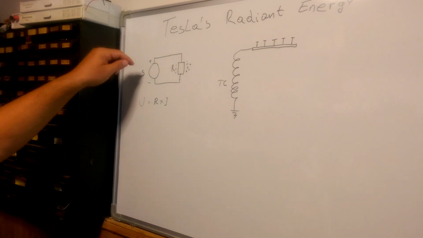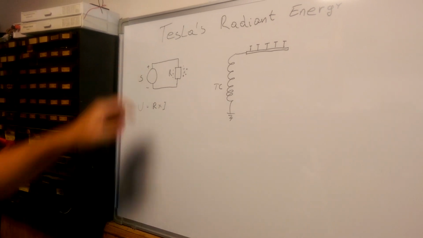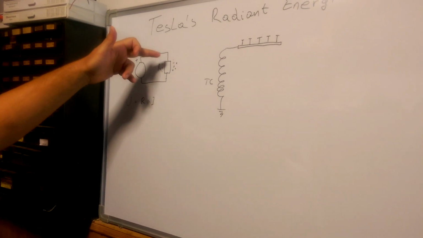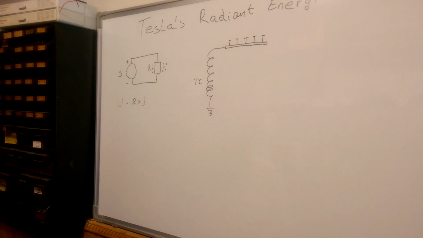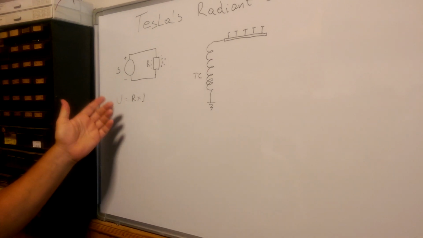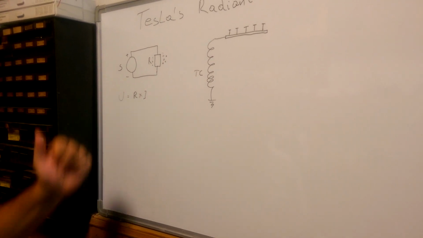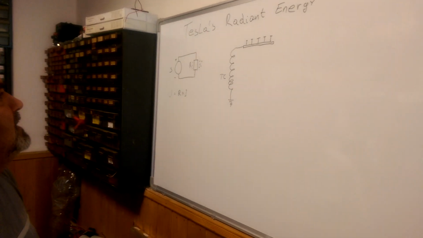In this case it is a DC source. When we apply the voltage to this resistor, we can see that for the same voltage, a lower value of resistor gives a bigger amount of current, and the opposite.